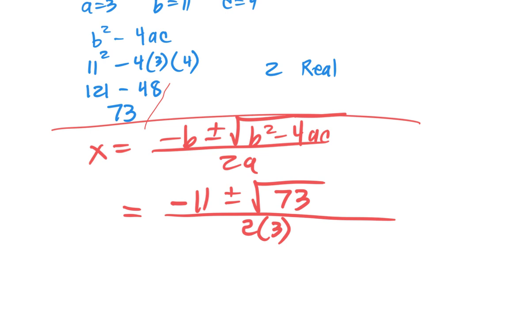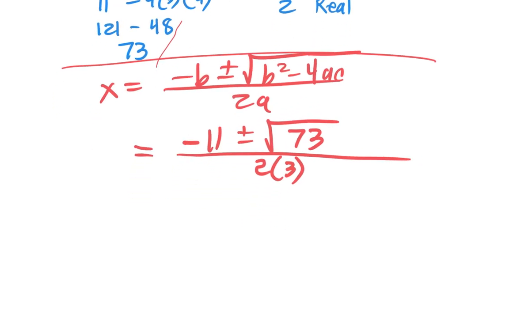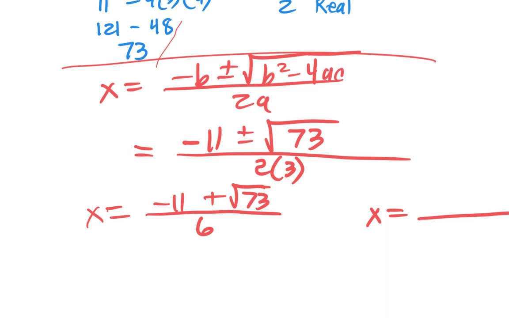So that's going to give me 2 answers. I have x equals negative 11 plus square root of 73, I cannot simplify that anymore, over 6. And x equals negative 11 minus square root of 73, all over 6. Okay? I can easily put that into a calculator.